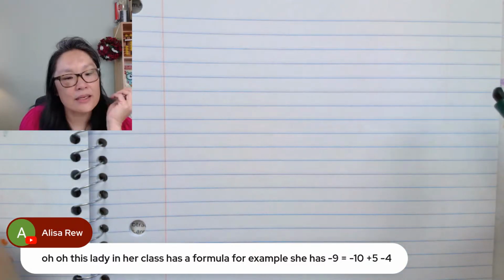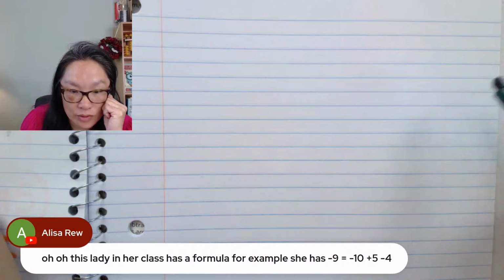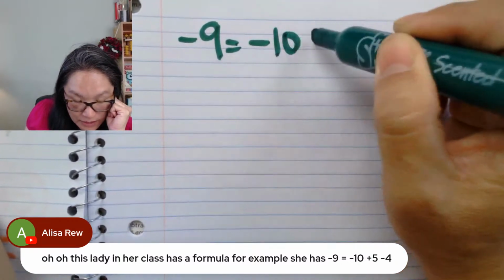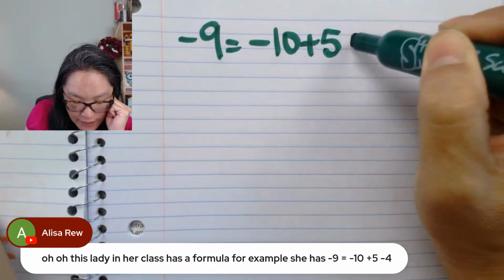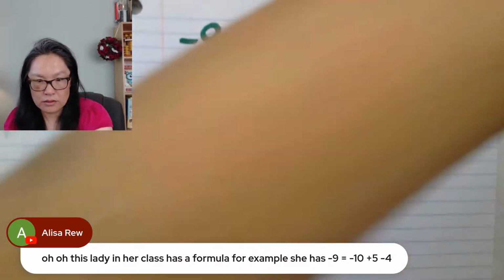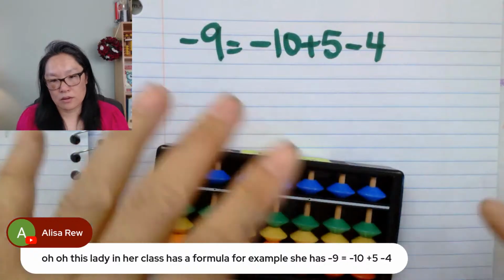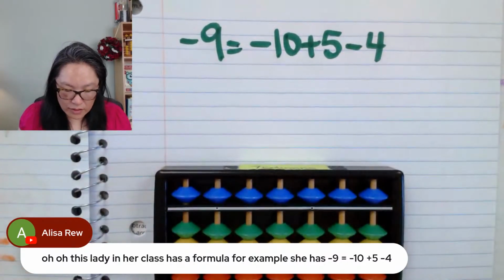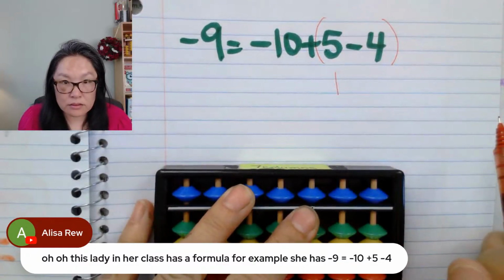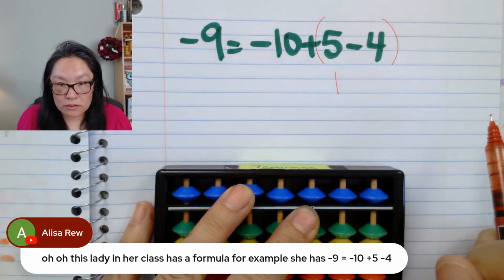This lady in her class has a formula, for example, minus the 9 equals minus 10 plus 5 minus 4. Yes, right? You know why? Because this is 1. Yeah, that's fine.